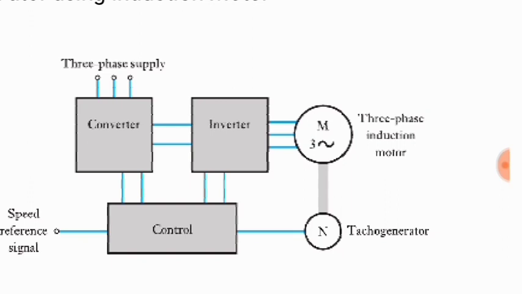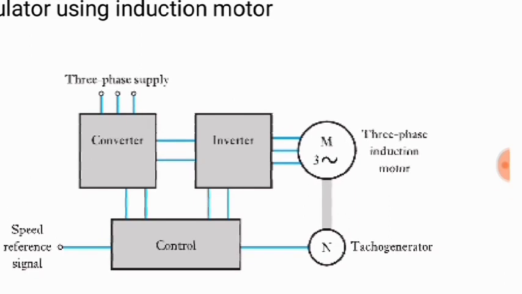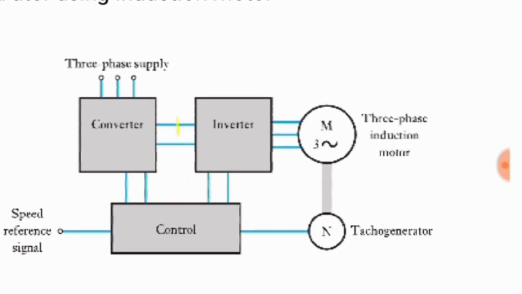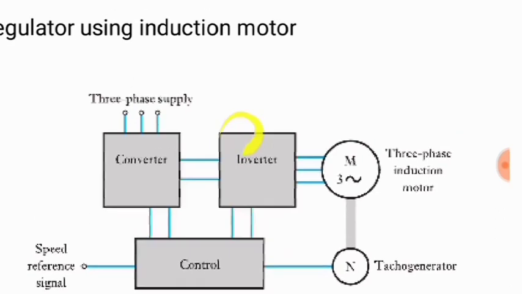For operating the motor, there should be a power supply. That power supply is the three-phase power supply. Actually, this converter block converts the three-phase supply into a DC supply. That is here, and this DC supply is given to the inverter.